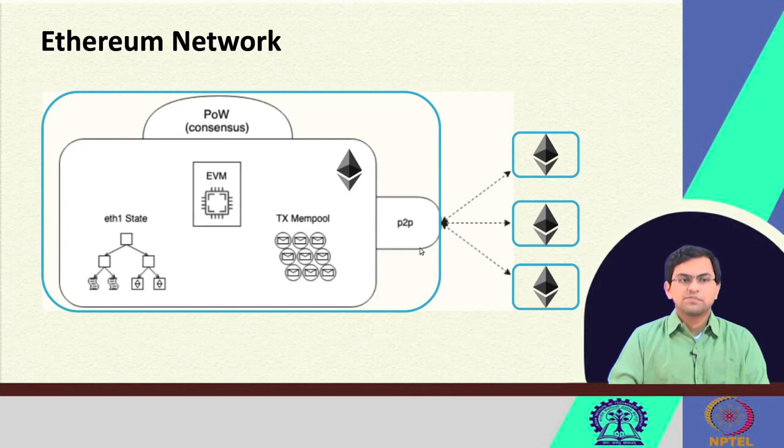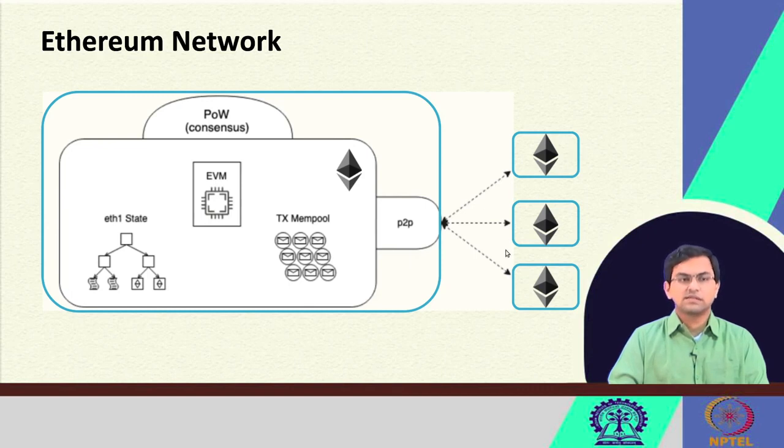So, apart from all these components, there is another module which is the P2P module. This is basically the module which is responsible for communicating with the other Ethereum clients, and therefore other Ethereum nodes. So, if this blue box is one Ethereum node, then this one node will be communicating through peer-to-peer connections with other Ethereum nodes.